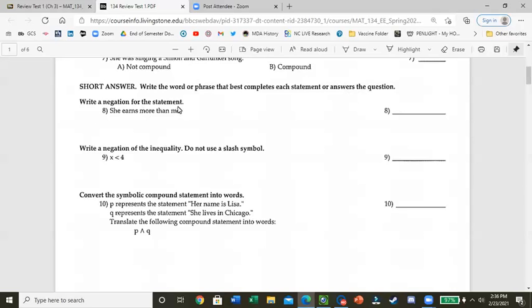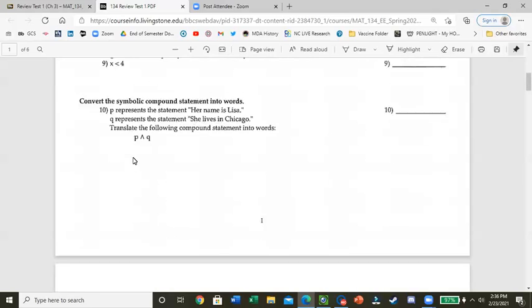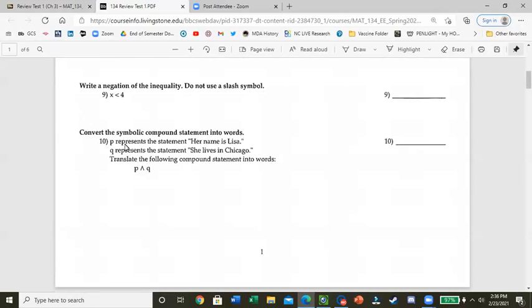Write the negation for the statement. So she earns more than me. The negation would be she does not earn more than me. Okay, next, write the negation of the inequality. So let's look at the board.